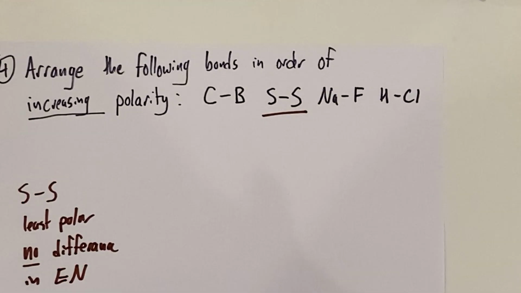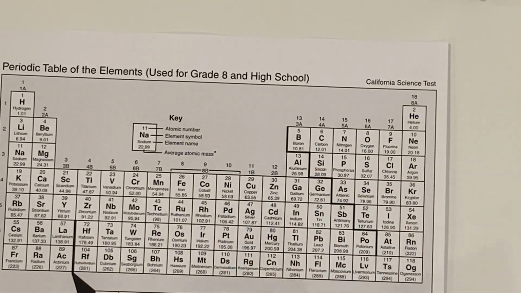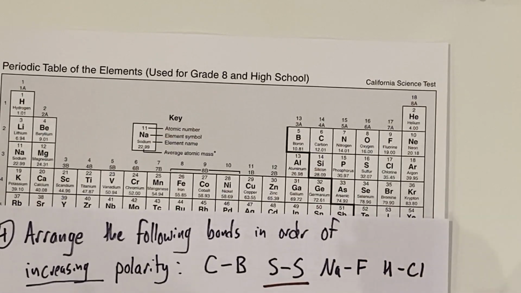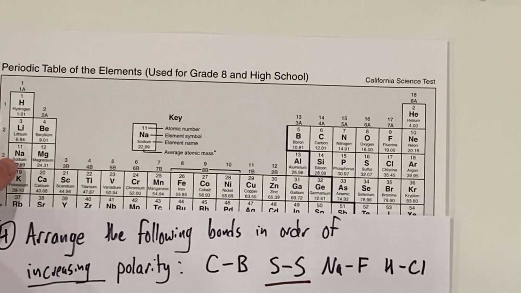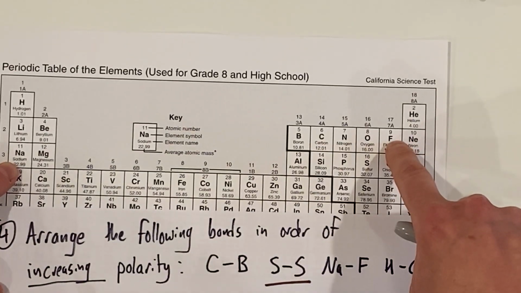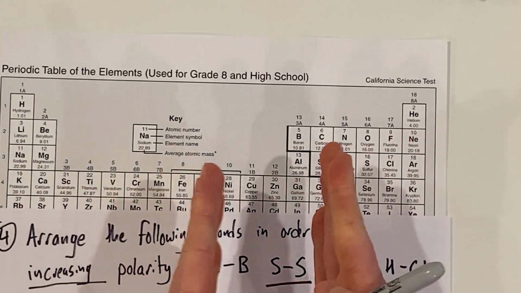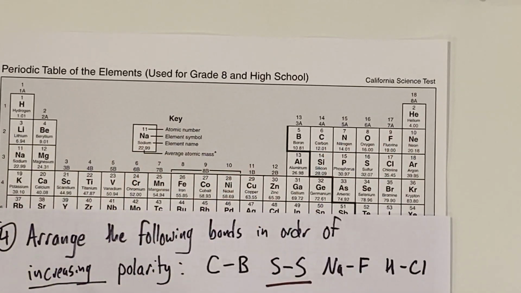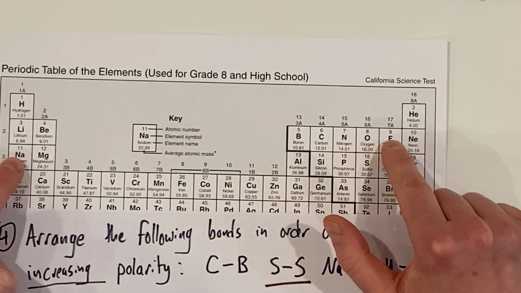Now of the other bonds, we'll have to look at the periodic table in order to figure out the difference in electronegativity. The other bonds that we have, I'll put up here, are going to be C-B for carbon and boron, NaF, Na is over here and fluorine is over here, and HCl. Remember, elements that are close together on the periodic table are going to have a small electronegativity difference, while elements that are far apart are going to have a much larger electronegativity difference.